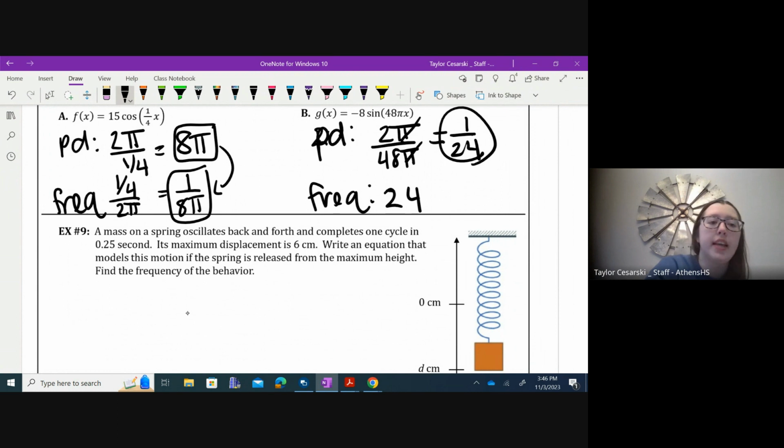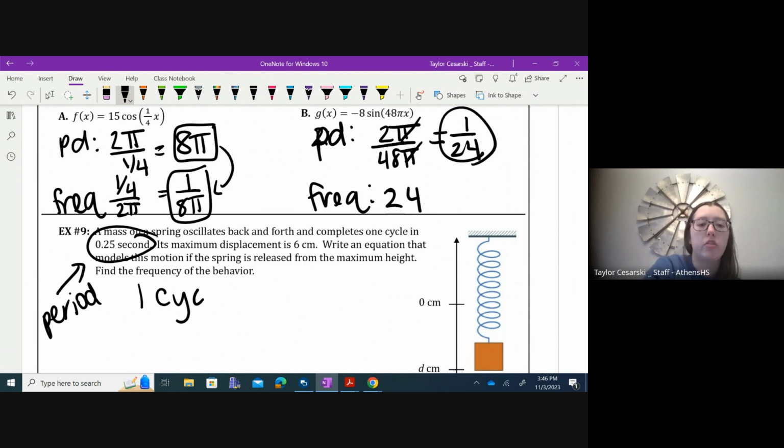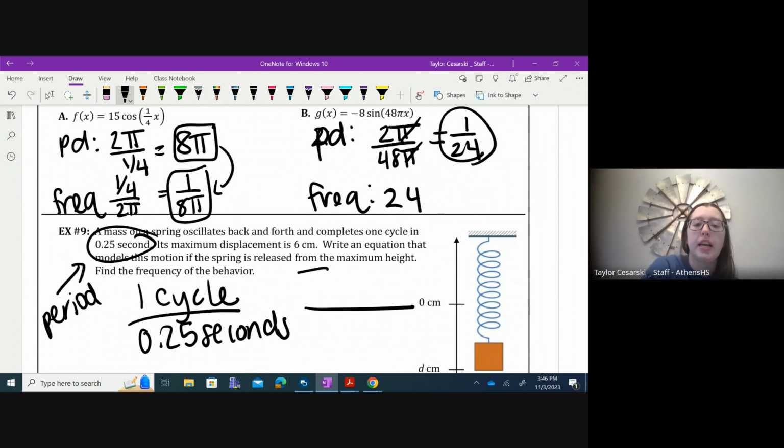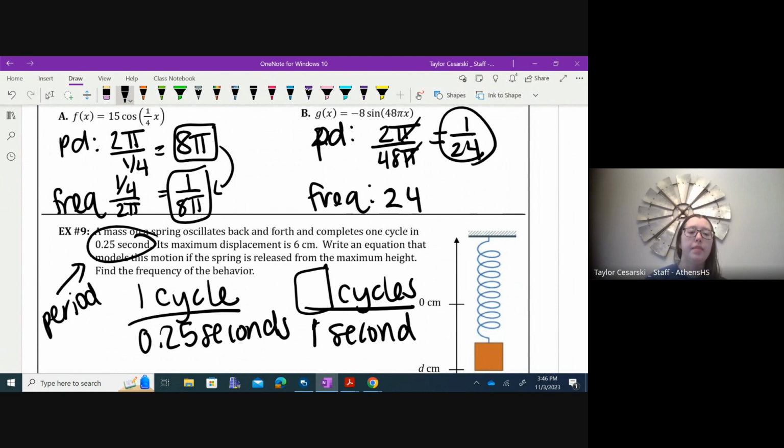But 1 cycle every 0.25 seconds, that is the period. Okay, so that means it does 1 cycle every 0.25 seconds. So the frequency would represent how many cycles it can complete in 1 second. So you could just flip it. 0.25 is the period, well, that's 1/4.